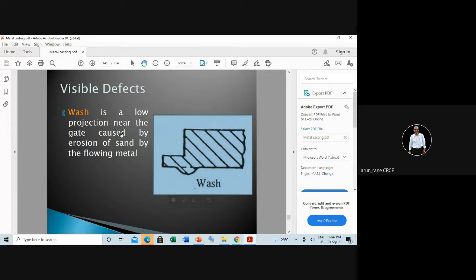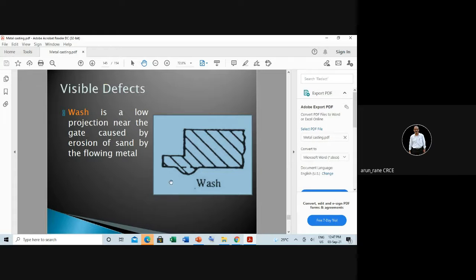So every defect has been explained, because many times the question for 5 marks is to mention all the defects and explain any 5 defects. So you have to list the defects and then explain any 5 defects with the diagram.